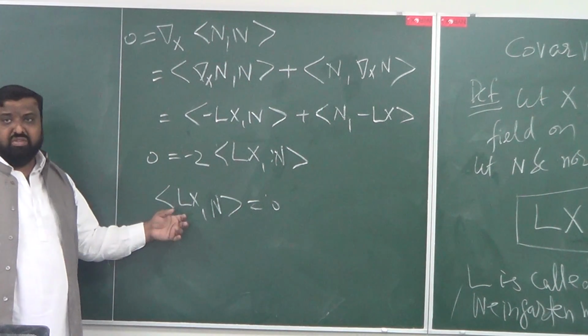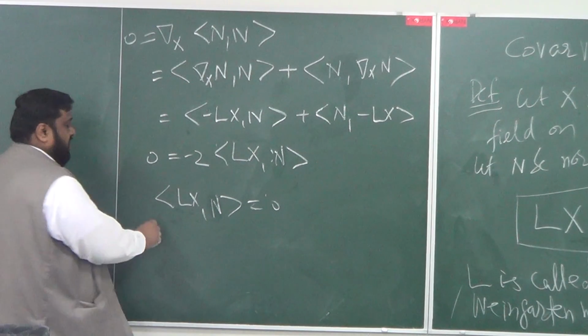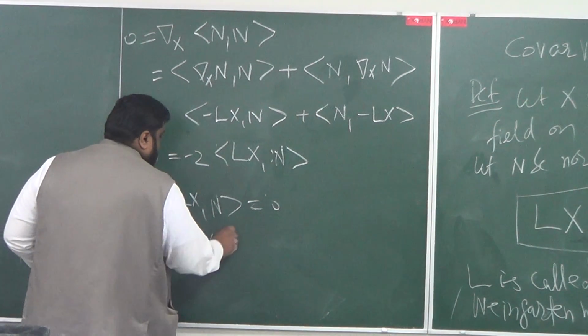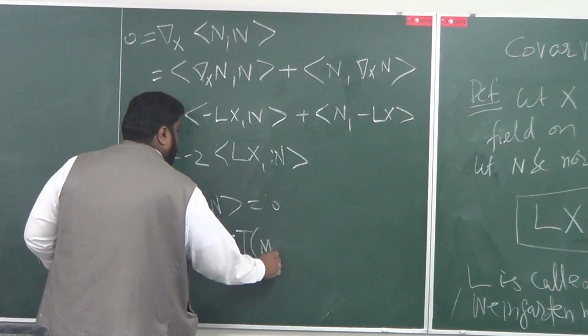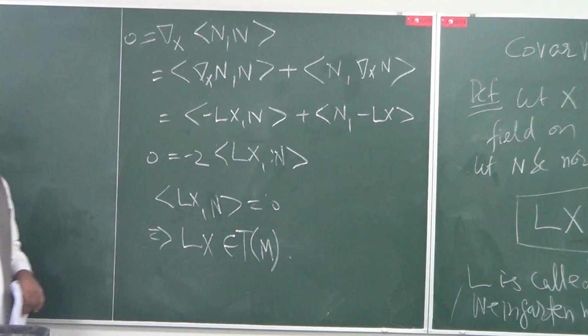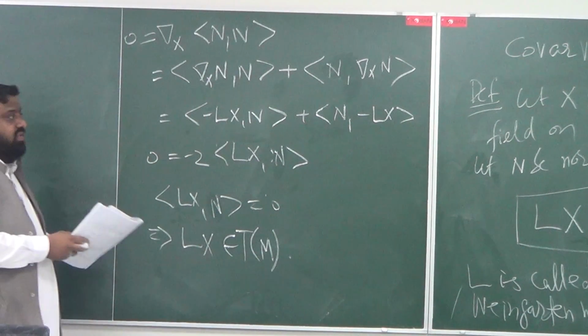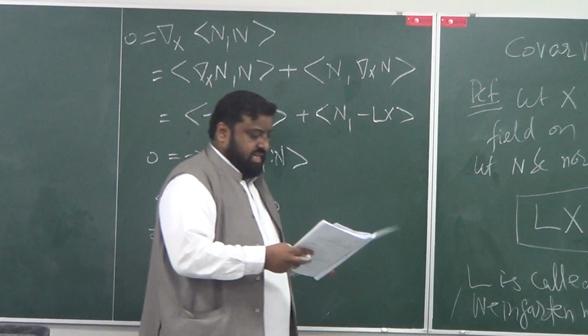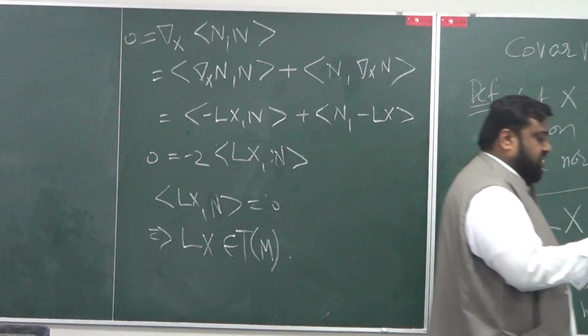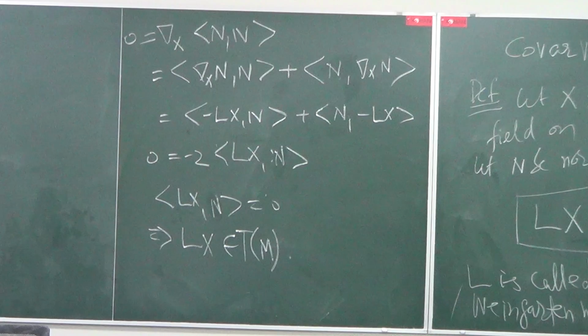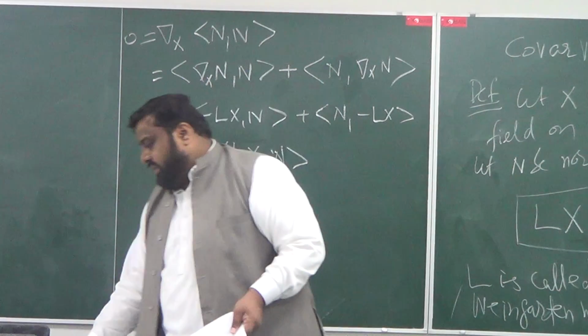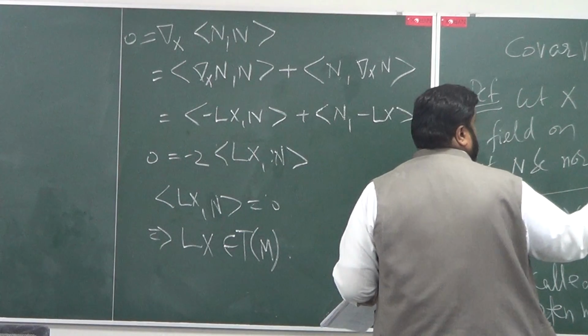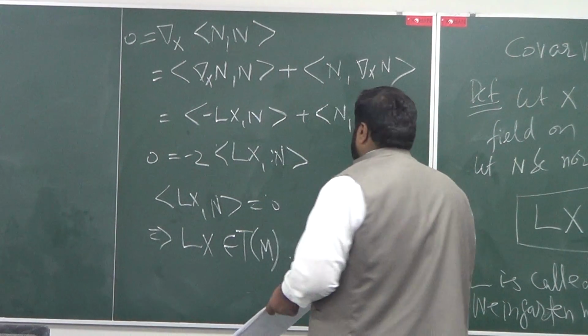So what does this mean? It must be a tangent vector itself. So what does this show? That this map is indeed a linear map from the tangent bundle to the tangent bundle.